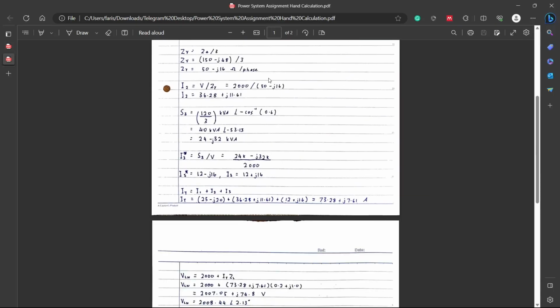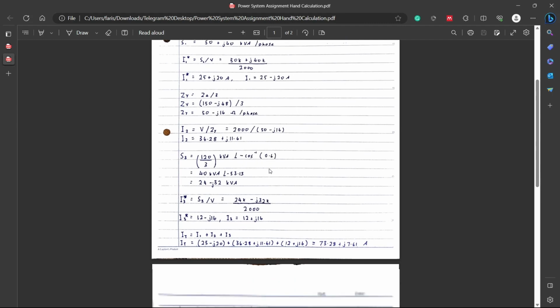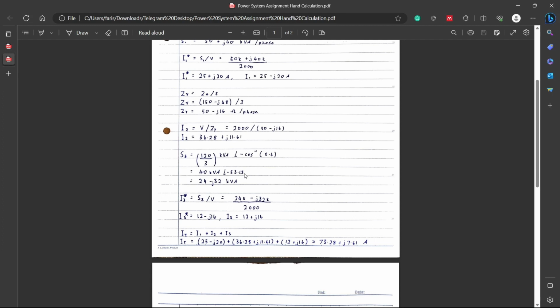The calculation for S3 is 120 over 3 kVA, angle negative inverse cos 0.6.